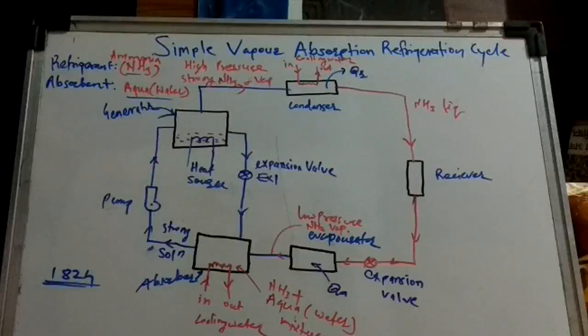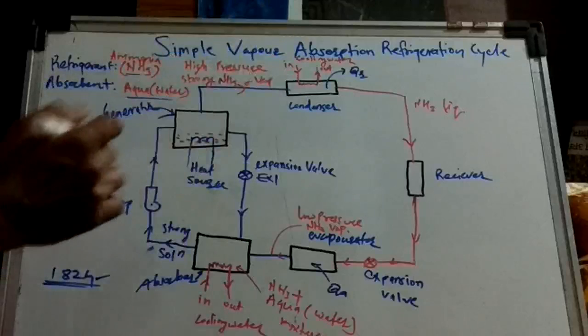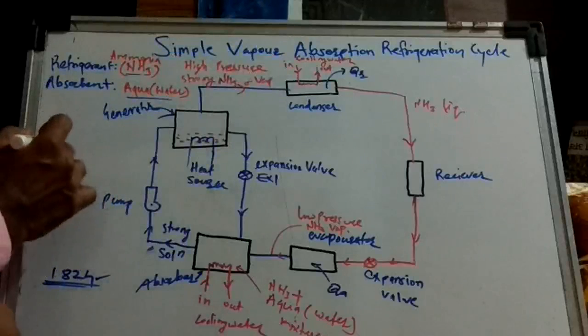The basic principle of the simple vapor absorption refrigeration system was derived by Michael Faraday in 1824 while performing experiments to liquefy certain kinds of gases. He found a peculiar property of certain substances having greater affinity with other substances.